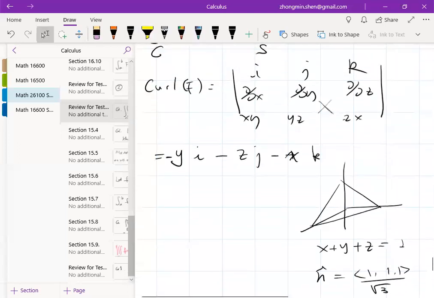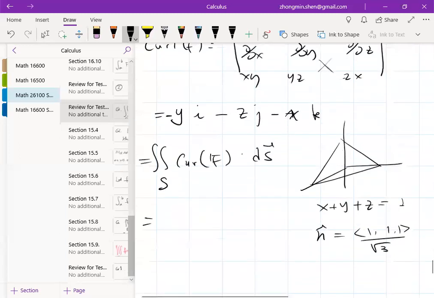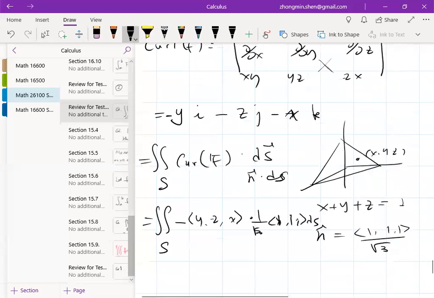So now we're going to evaluate the surface integral. Not too bad. According to the above computation, at every point (x, y, z) on the surface, my field here is (y, z, x), dotted with the normal vector times dS, which is (1, 1, 1) over square root of 3 dS.